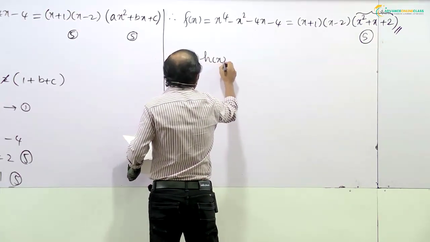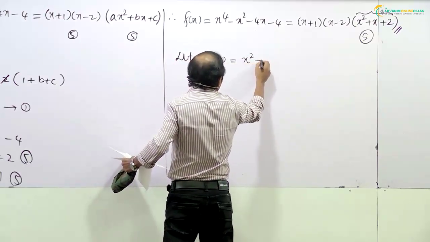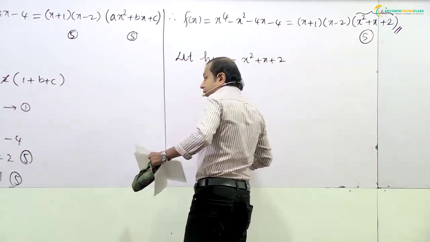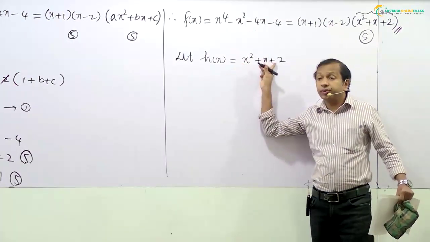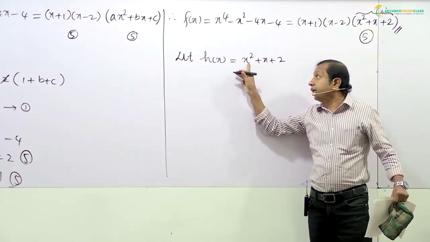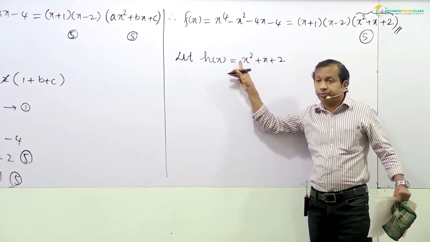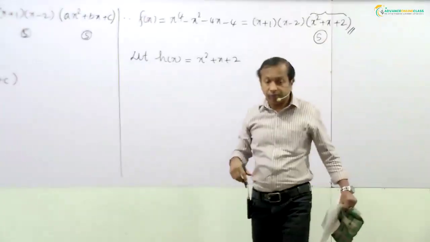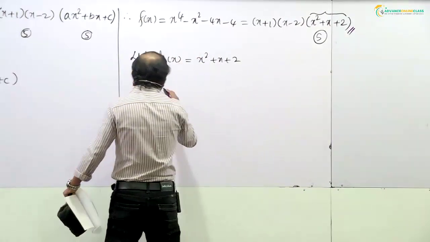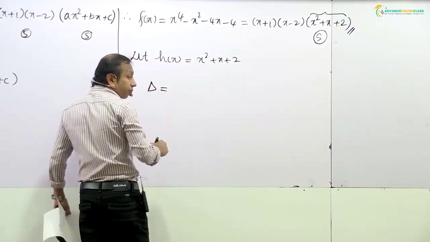We write h(x) like this here. You can very clearly understand this is a quadratic expression, quadratic graph. X coefficient positive. What should be the shape of the graph? Minimum.